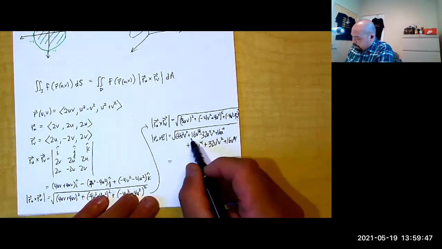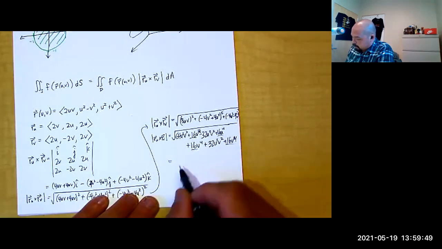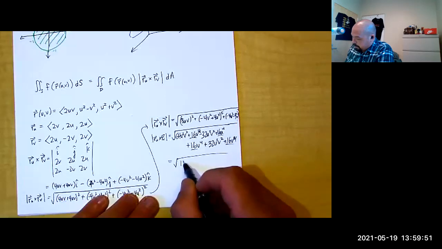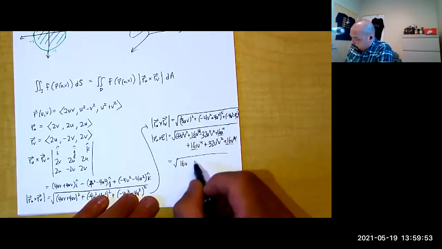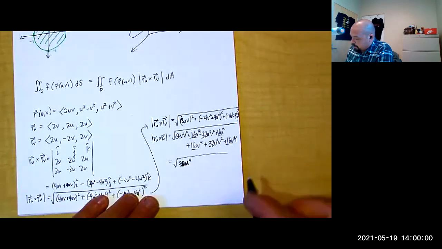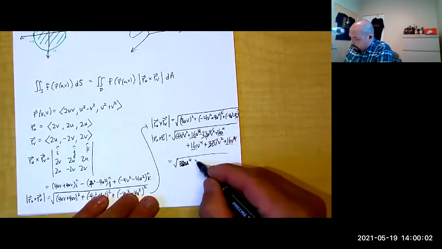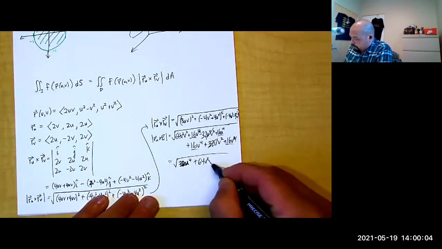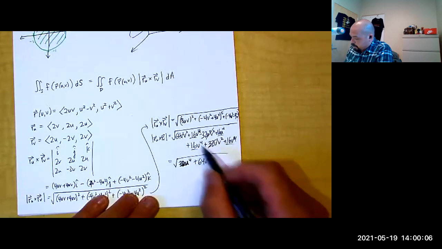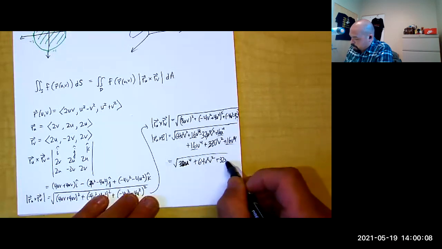So what does that turn into? Combine our like terms here: 16 plus 16, sorry, 32 u to the fourth power. It's a little messy here. These go away, but we still have a positive 64 u squared v squared, and then another 32 v to the fourth.